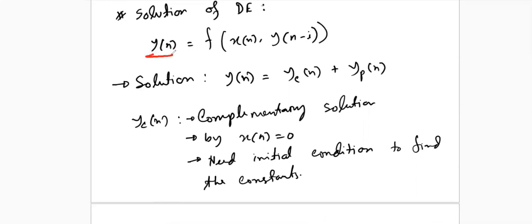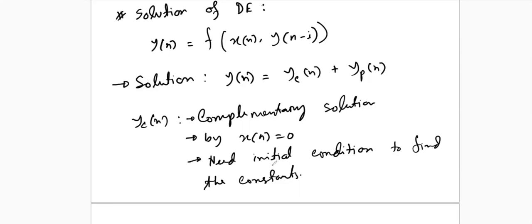Of course, yn is a function of your inputs as well as a function of your initial conditions. And the solution can be represented by the summation of the complementary solution and the particular solution, where the complementary solution can be found by putting xn equal to 0, because for the complementary solution you don't need the input value; that is for the homogeneous equation.